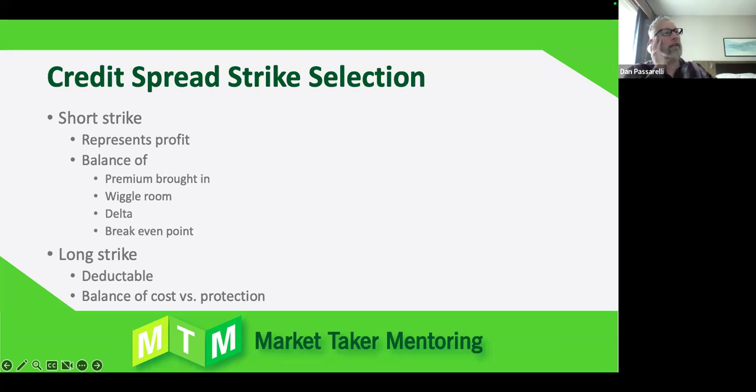Let's look at the strike selection. With the credit spread, the short strike represents the profit or loss. That's how I make or lose my money. So it's a balance of premium brought in versus wiggle room, because with a credit spread, once the short option is in the money, that's where I start running into trouble.